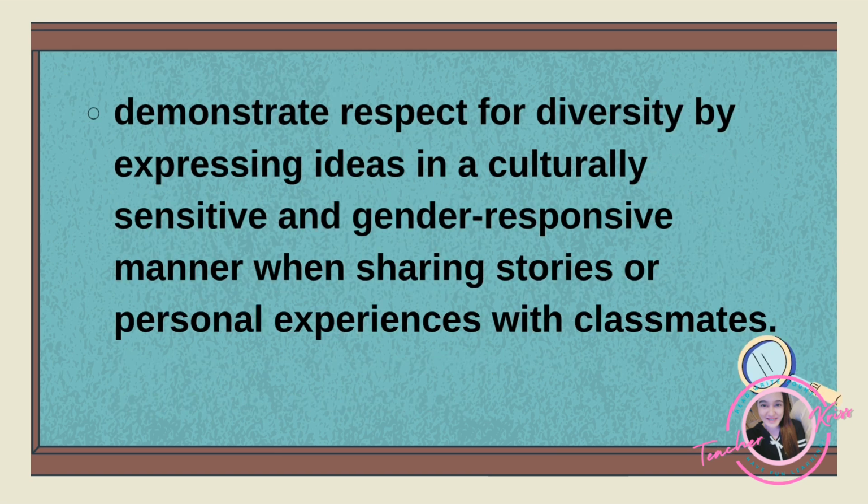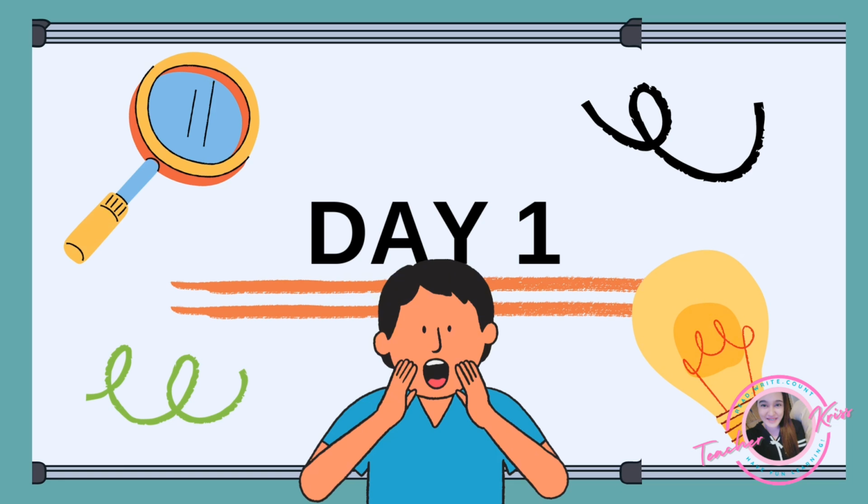And the last one is demonstrate respect for diversity by expressing ideas in culturally sensitive and gender responsive manner when sharing stories or personal experiences with classmates. So let's start the day one.